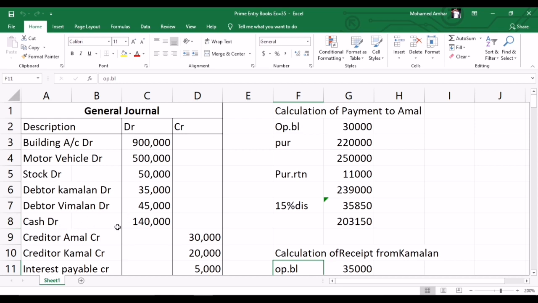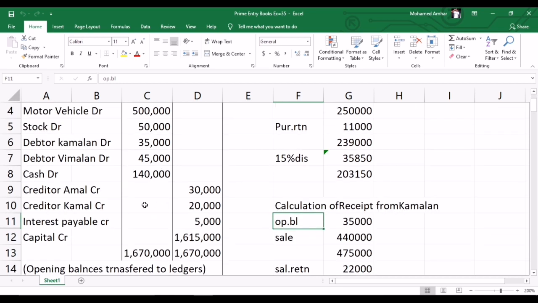Cash and bank balance 140,000. You have to record all these assets in the debit column of the general journal, and liabilities should be recorded in the credit column. Creditor Amal credit balance 30,000. Creditor Kamal credit balance 20,000. Interest payable 5,000.